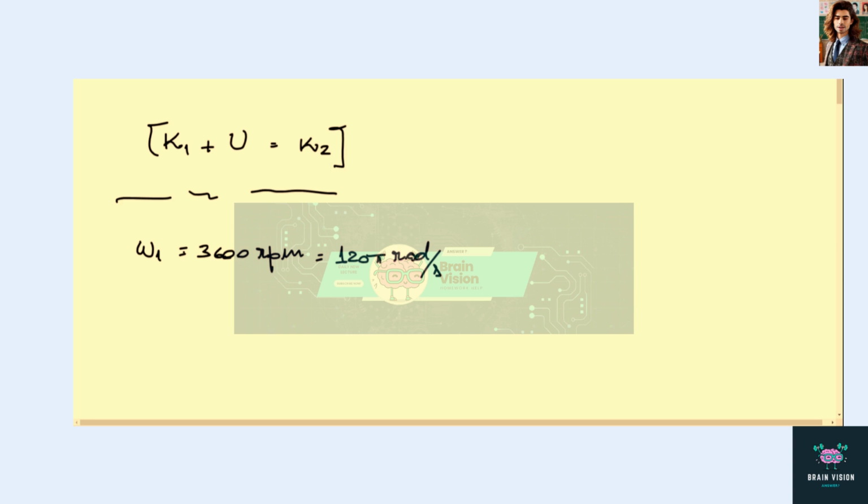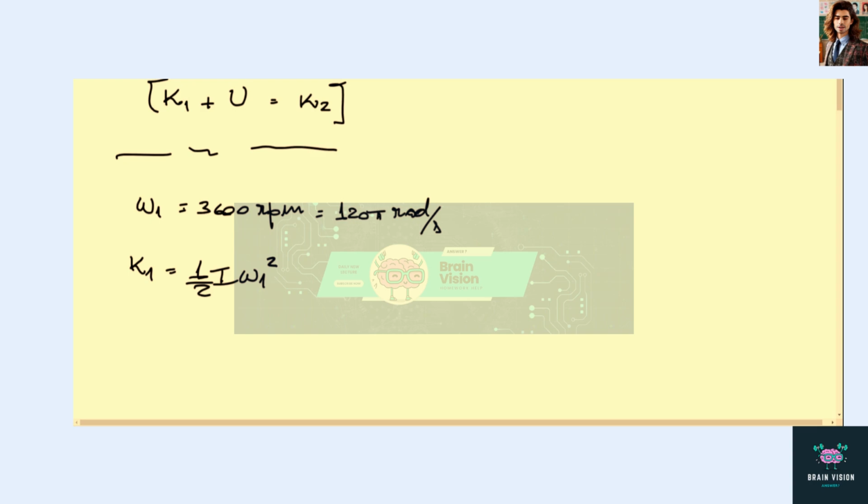So we know that to calculate the kinetic energy of rotation, K1 is going to be equal to half of the moment of inertia multiplied by omega 1 squared.